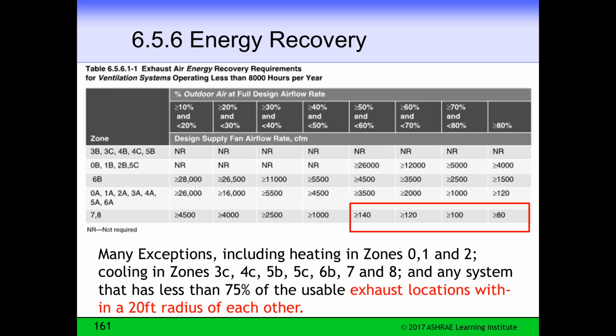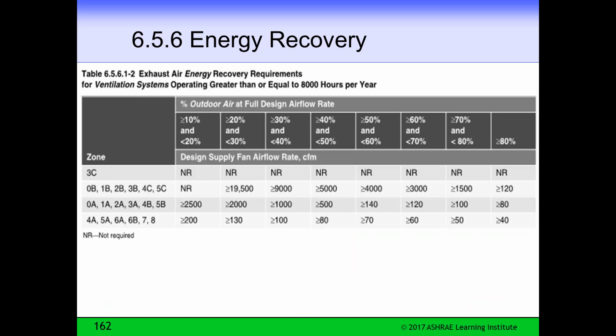So what this is because we have to cost justify our requirements, and if you had to run duct all over the roof or all over the top floor of plenum to connect these exhausts to each other, then we wouldn't get good paybacks. So what we're trying to do is to acknowledge the savings we get by doing this. At the same time, we're reasonable about what we require you to do on a first cost basis.